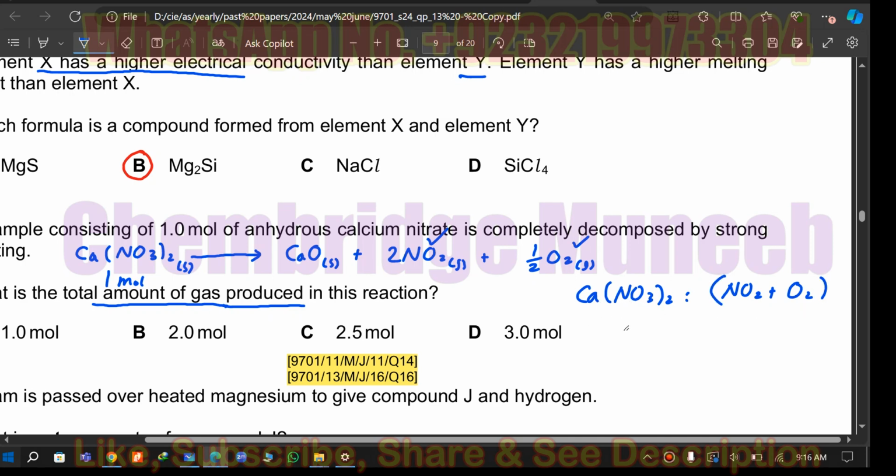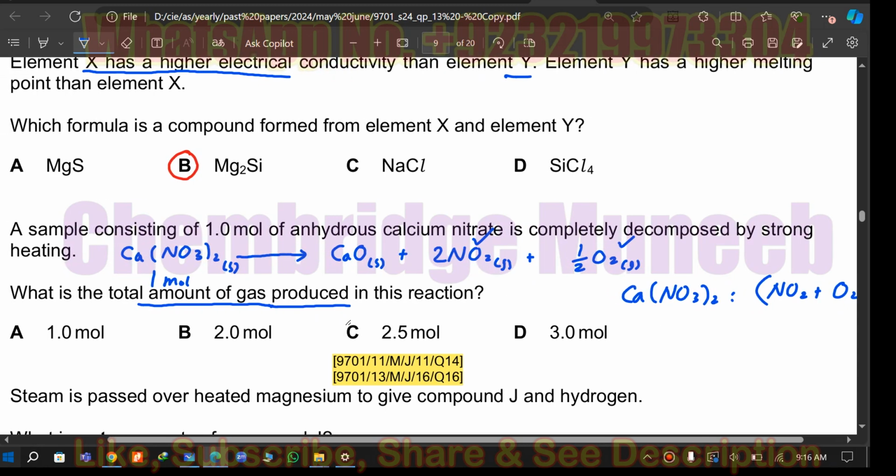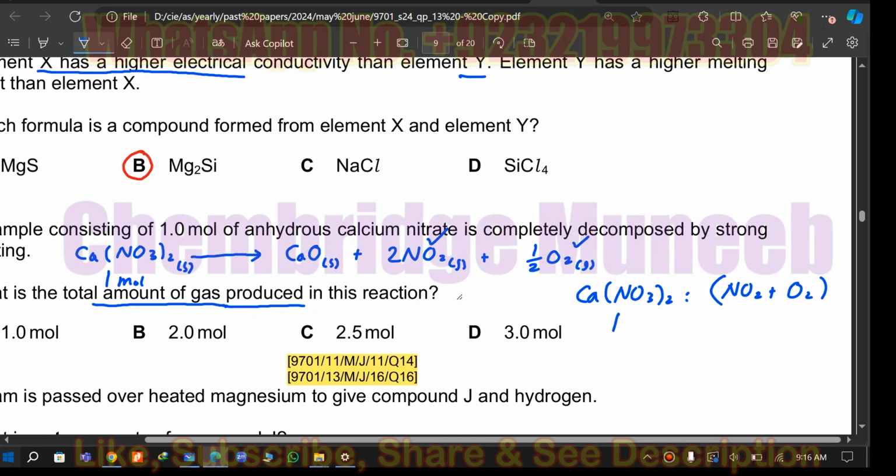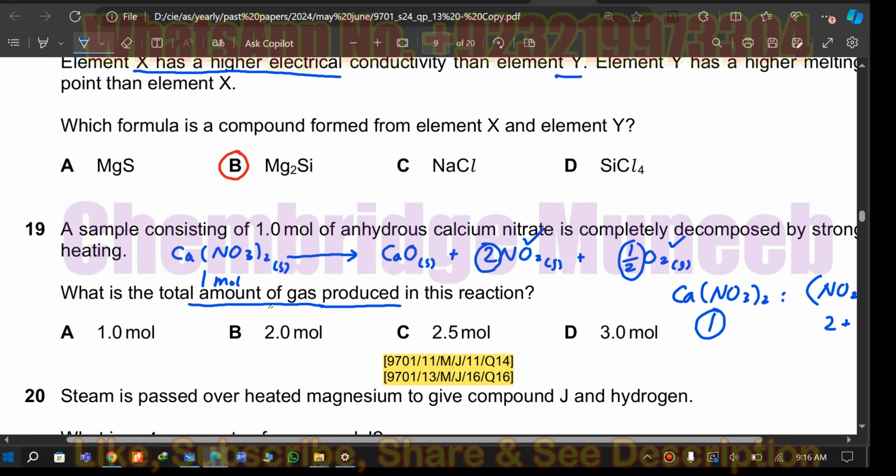So according to stoichiometry, there is 1 mole of calcium nitrate, and for the nitrogen dioxide there are 2 moles, and for oxygen there is half a mole. So 2 plus half will come out to be 2.5. So 1 ratio 2.5, and that 1 is also considered in the data provided.